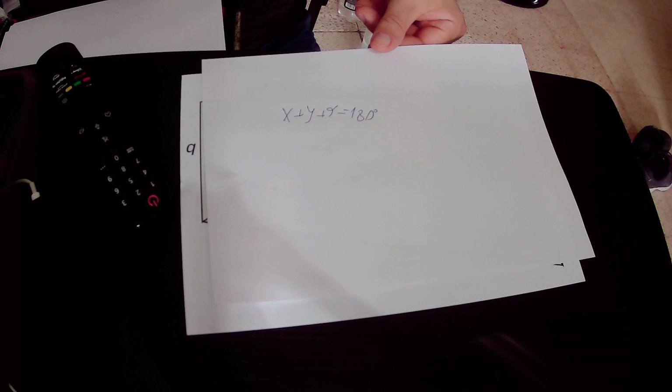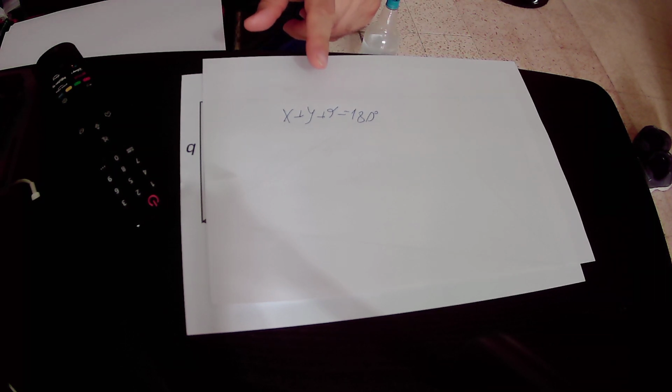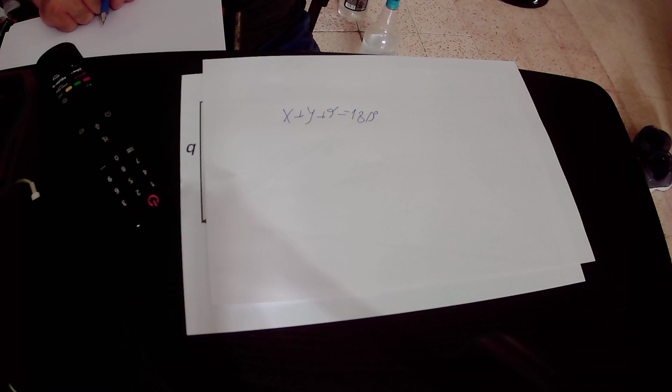As you can see here, x plus y plus alpha equals 180 degrees, because in every straight line the sum of its angles equals 180 degrees.